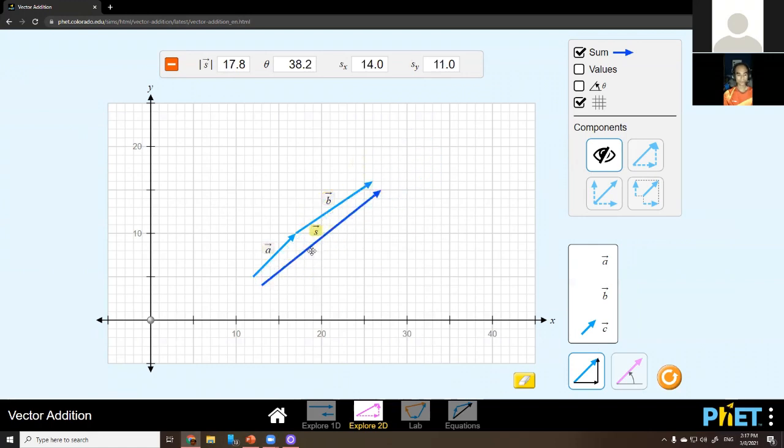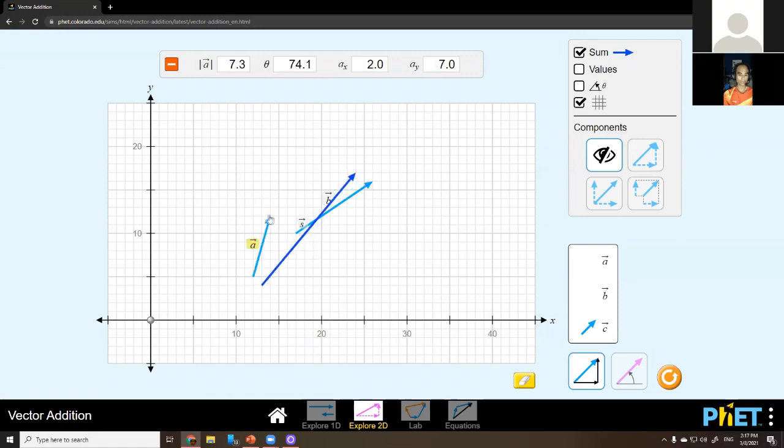One thing that is important is the tail. Tail of A head to the tail of B, then the head of B to the head of the sum.